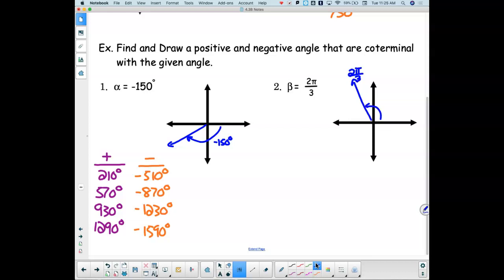So the positive angles would be, adding 6 pi over 3 every time, so it'd be 8 pi over 3, 14 pi over 3, 20 pi over 3.